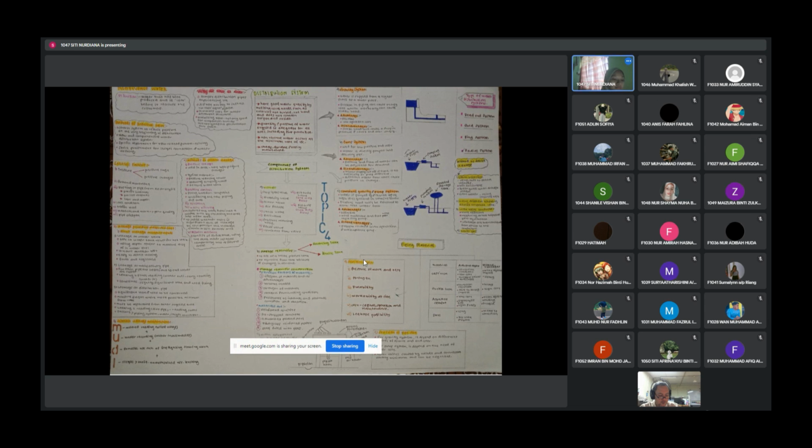And then there are types of water distribution system: dead end system, grid system, ring system, and radial system. And there is also non-revenue water, which is water that has been produced and is lost before it reaches the customers.